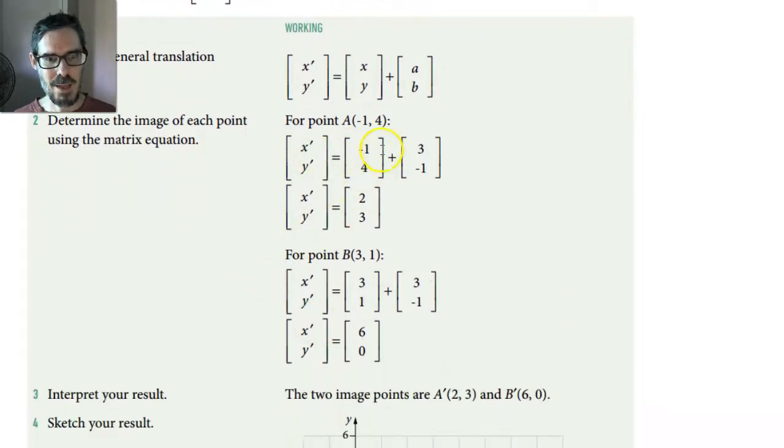So A has gone from negative 1, 4 to 2, 3. We added 3, we took away 1. And for B, we went from 3, positive 1 to 6, 0. We added 3, we took away 1. It really is that simple for a translation.